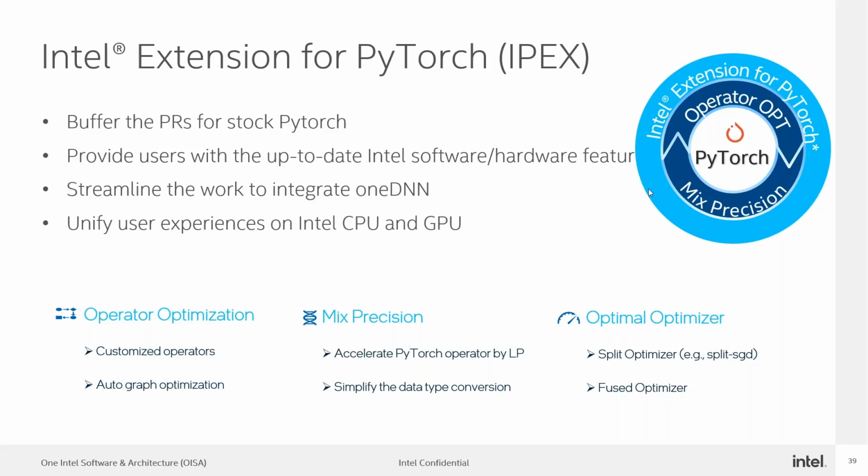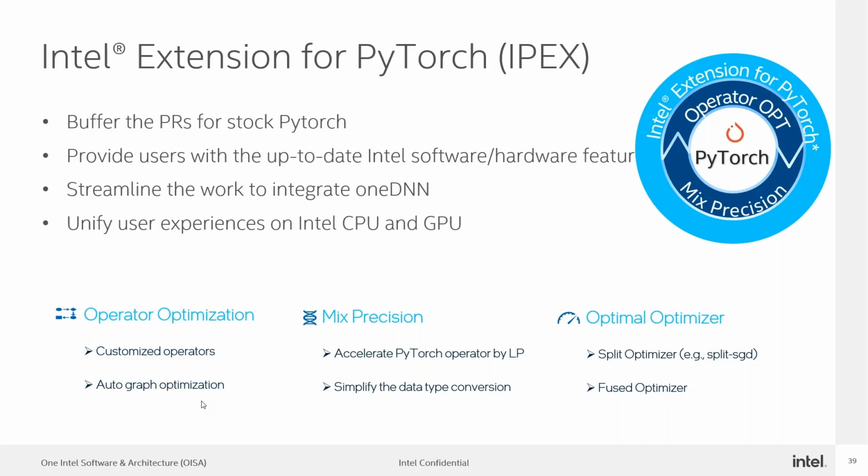We use these methodologies to implement the Intel Extension for PyTorch. So in IPEX, we have the operator optimization, which involves some customized operators. And also, it can do the automatic graph optimization.